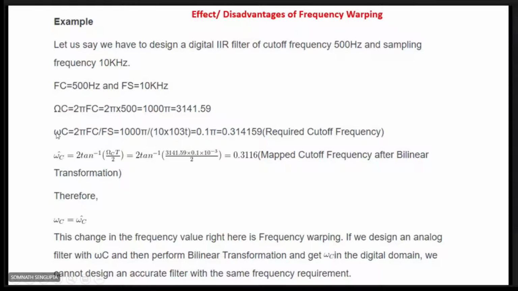And the digital frequency, small omega C, is F by Fs, or capital omega C into T. In terms of omega, it is 1000 pi divided by 10 into 10 to the power 3.